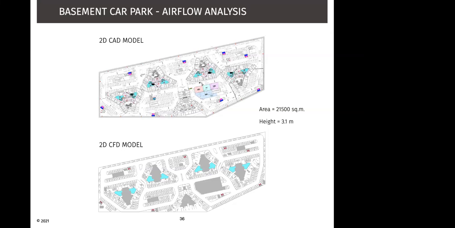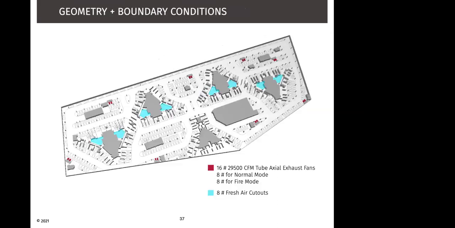In this case, we have a 2D CAD model of car park of 21,500 square meter, which has been converted into a 2D CFD model and then into a 3D CFD model. Now, what you see in blue are the 8 fresh air cutouts. And we have 16 exhaust fans located around the system, 8 in normal mode and 8 in fire mode.